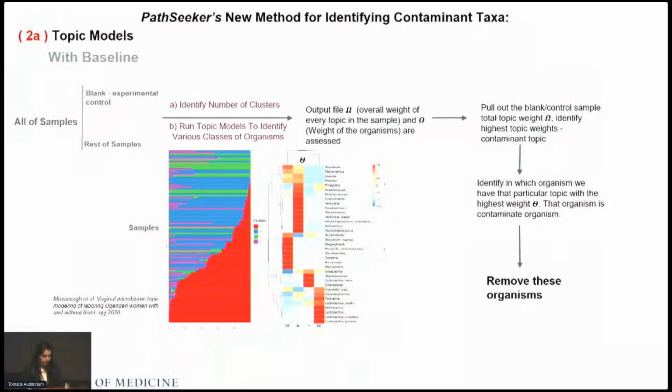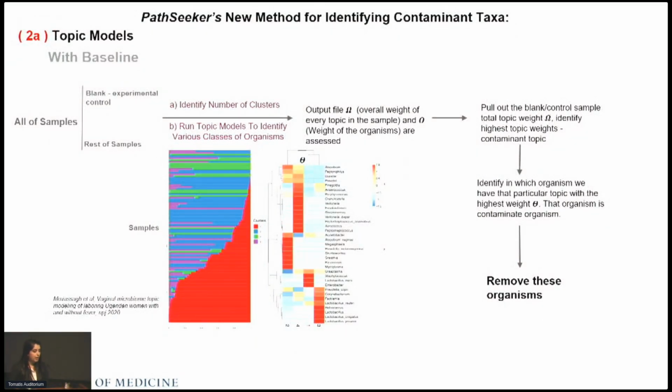So basically, this is your theta, where it shows you the weight of your features in every topic, and each of these are topics. And for your omega right here to the left, each of these lines is a sample, and the colors represent the clusters or the topics, and it shows you how much of that particular sample has that topic.